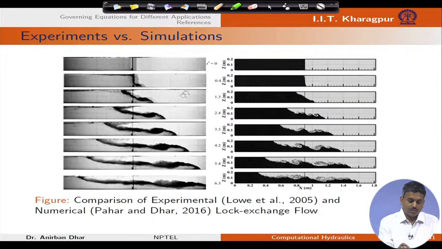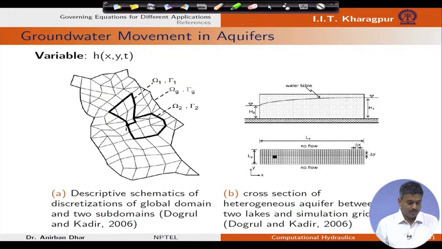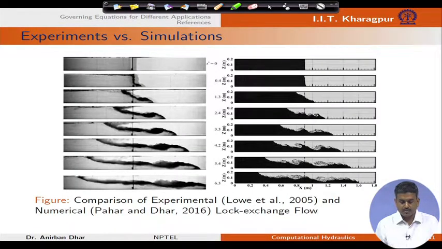So, to solve this problem, we need to solve our conservation of mass and conservation of momentum equations.